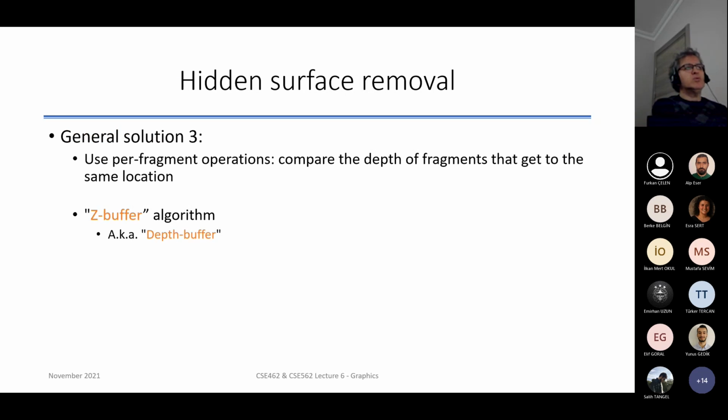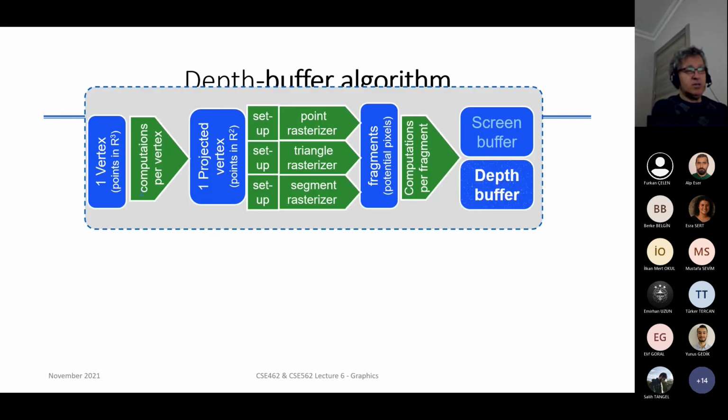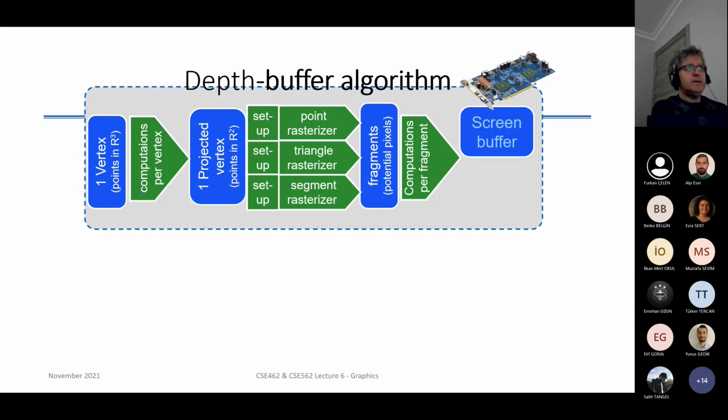So this is called also depth buffer or Z buffer. So you use per fragment operations comparing the depth of fragments that get to the same location.